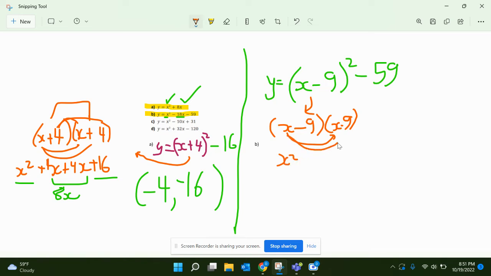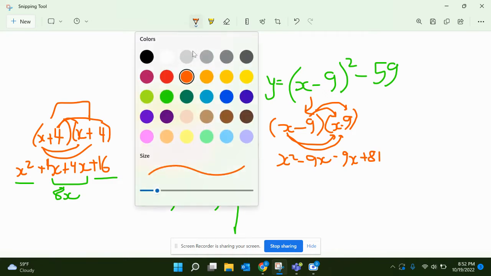The outside terms is x times negative 9, so that's minus 9x. And then the inside terms is, again, negative 9x. And the last terms, negative 9 times negative 9, is a positive 81. Okay, and then we'll just check here.